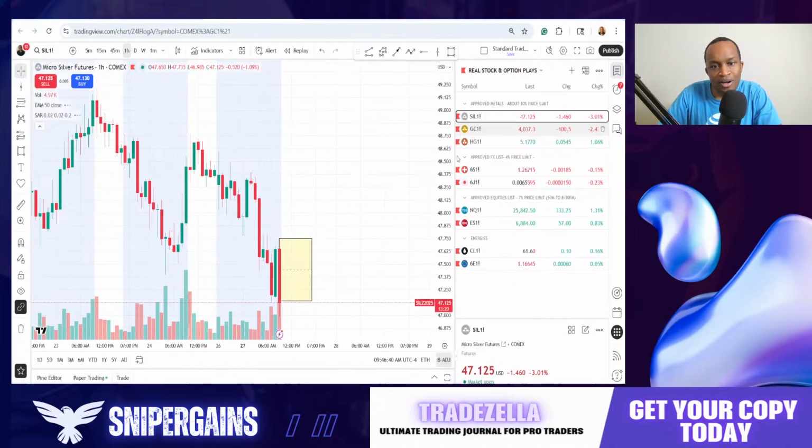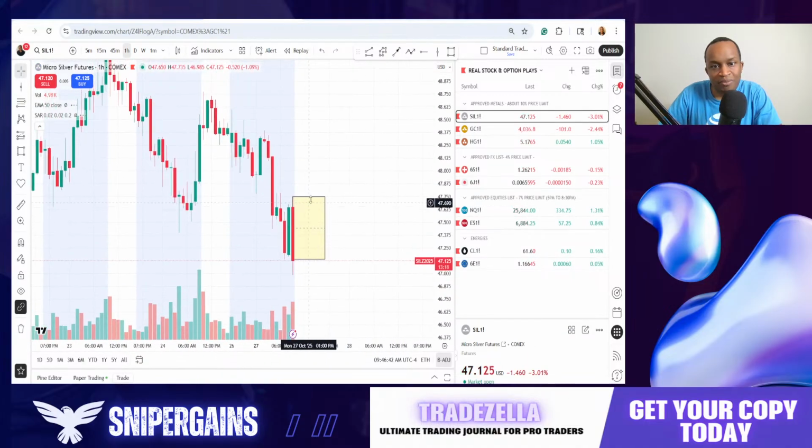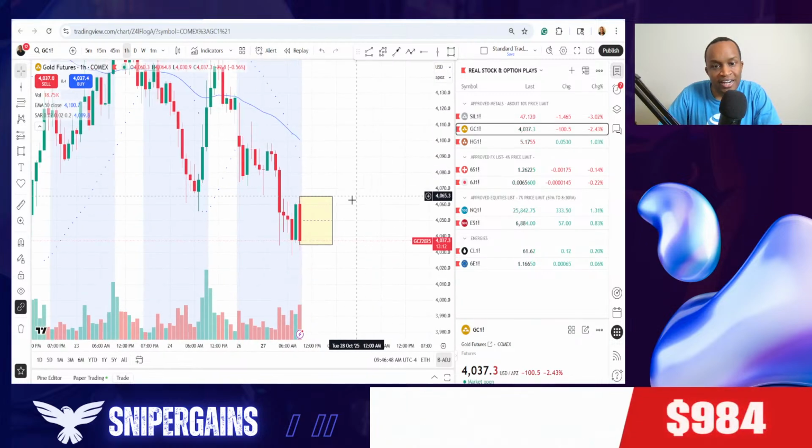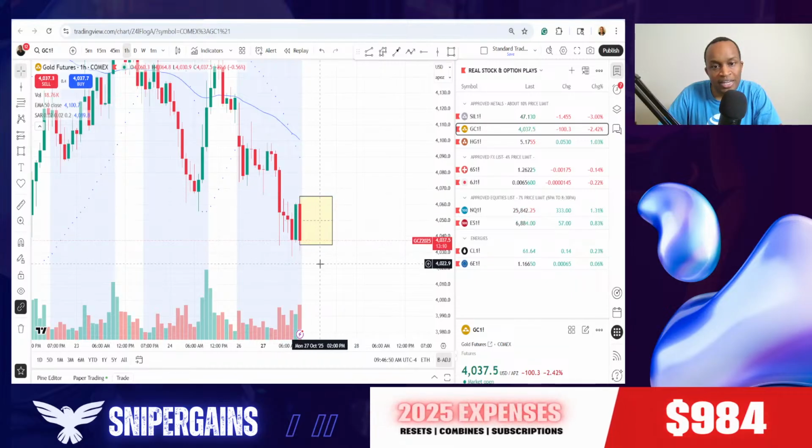Next thing though, I'm looking to see if it'll give me another entry, but I don't know if SIL or GC will give me another entry that I could use to take advantage of this bearish downward trend. Because it tried to attempt to do it over here, but it didn't go all the way up here, so I couldn't take advantage of it.